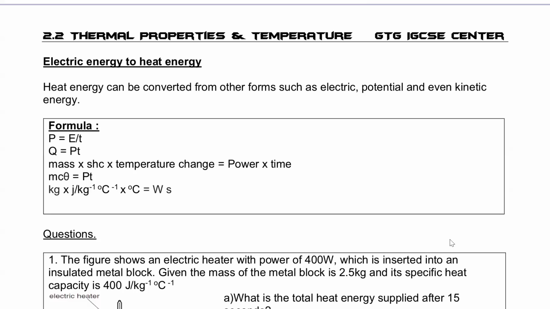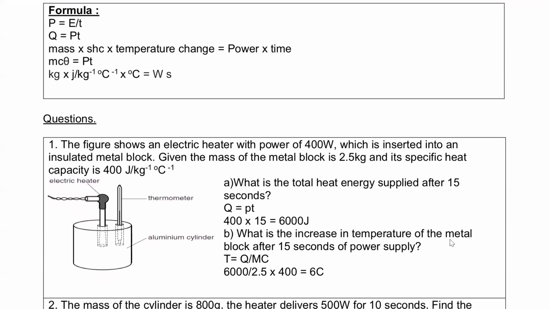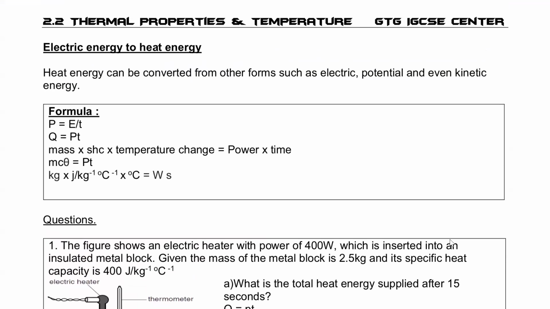What is the increase in temperature of the metal block after 15 seconds of power supply? Units and formula. So this is just PT. No, it's still 15 seconds. What is the increase in temperature?